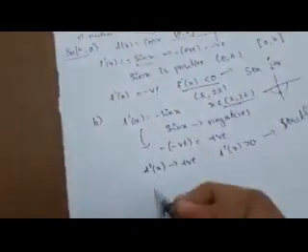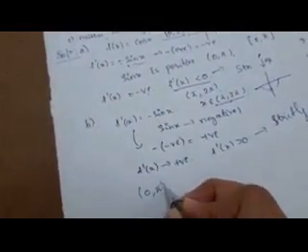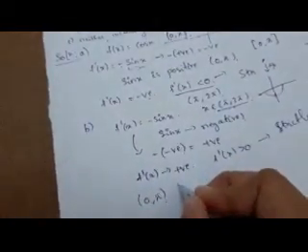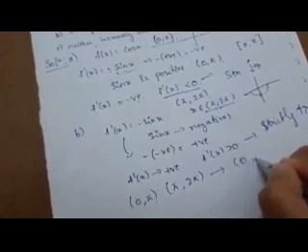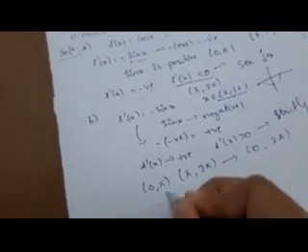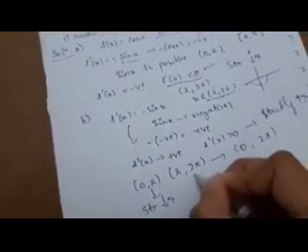The next is within the interval 0 to 2 pi, we need to say whether it is neither increasing nor decreasing. So clearly from 1 and 2, in the first interval we considered 0 to pi. In the next interval we considered pi to 2 pi. If we combine these two, we get the interval from 0 to 2 pi. In the first interval it was strictly decreasing. In the second interval it was strictly increasing.